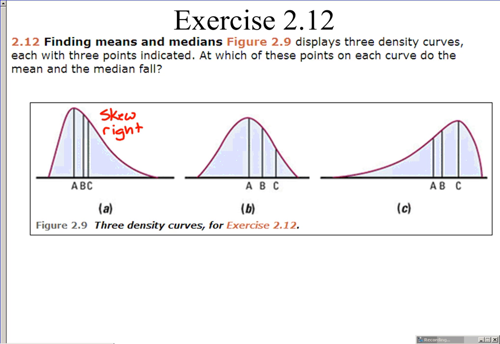Second one is going to be symmetric. And the third one is skew left. Okay, we need to identify where the mean and the median are for each one of these.